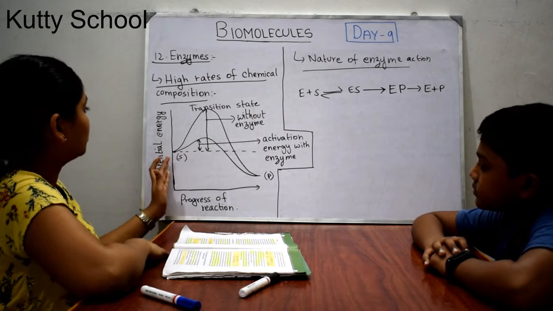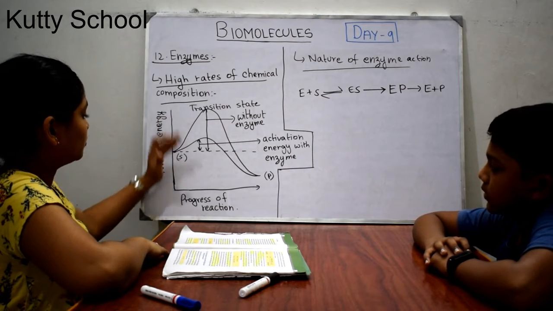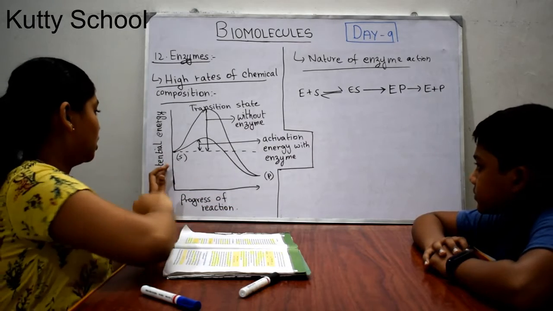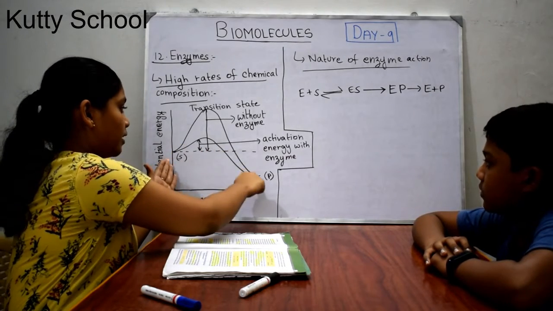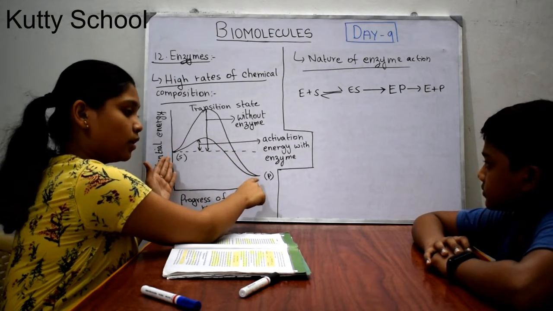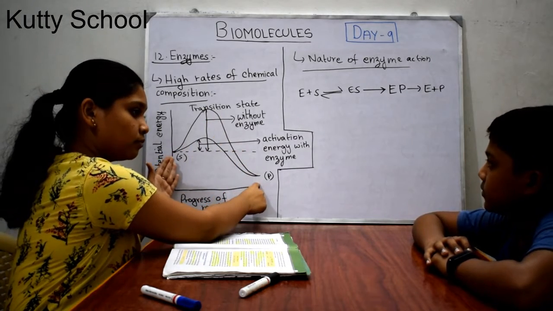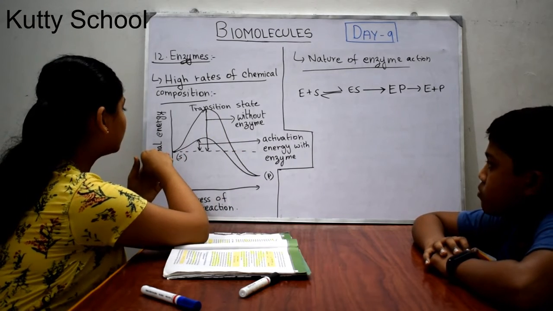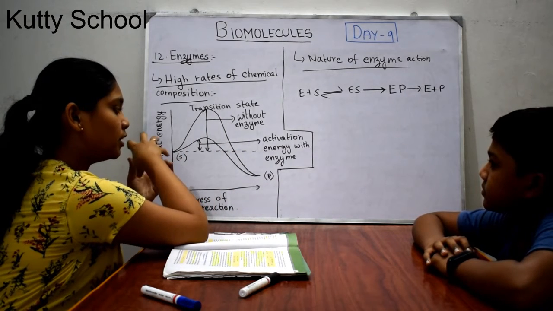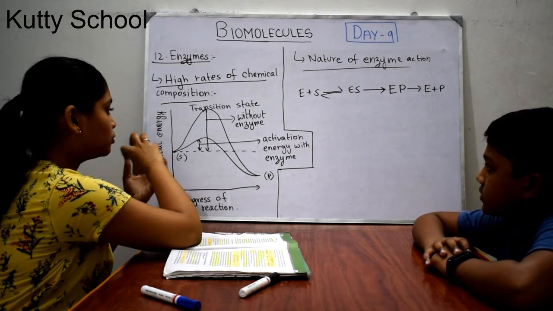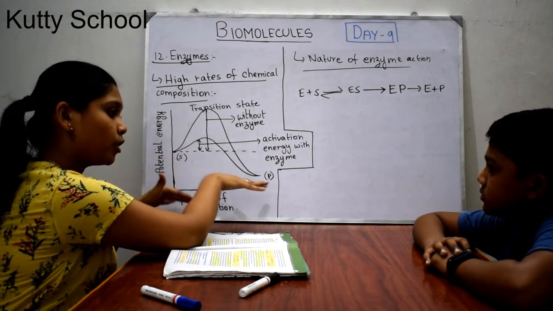This axis is potential energy and this one is progress of reaction. This is the activation energy with enzyme, and this is the activation energy without enzyme. Activation energy is the energy needed by the molecules to form products.